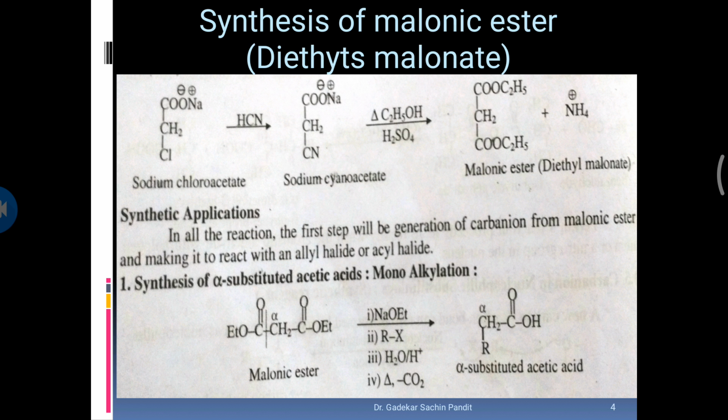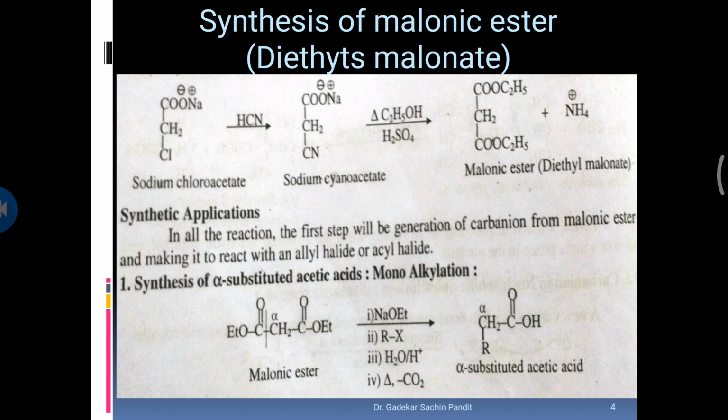Next, the synthesis of malonic ester, or diethyl malonate. First, we synthesize it using sodium chloroacetate.